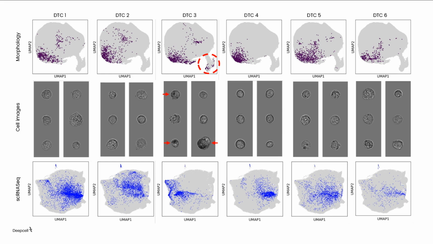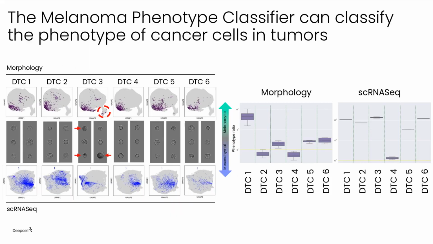And overall, we see a rather melanocytic phenotype in these DTCs. Maybe it is better to go to the next slide, because you can see here the quantification. This also corresponds to the single-cell RNA sequencing data, so that most of the DTCs, except for DTC4 here, are characterized as melanocytic.